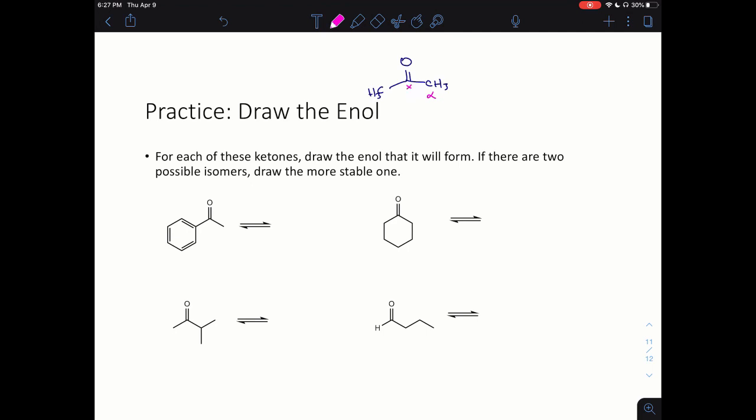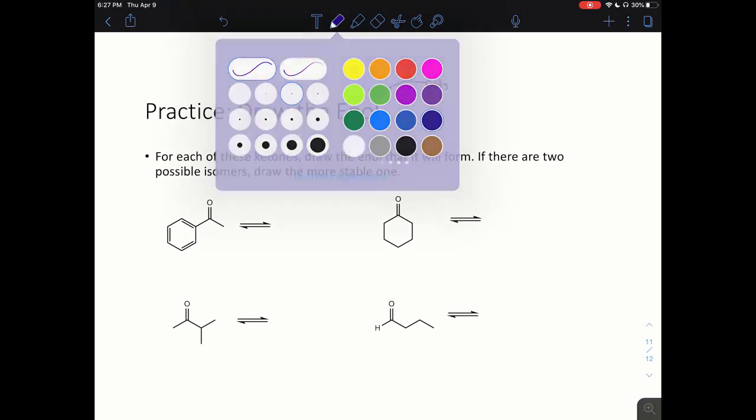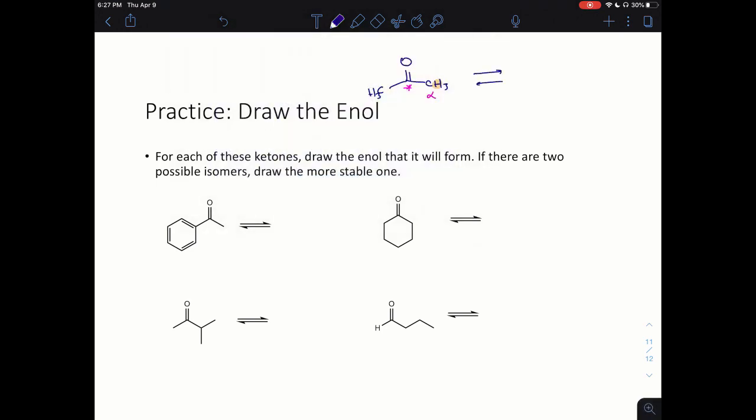We probably need to identify the carbonyl carbon. One of these hydrogens on the alpha carbon will be moving to the carbonyl.